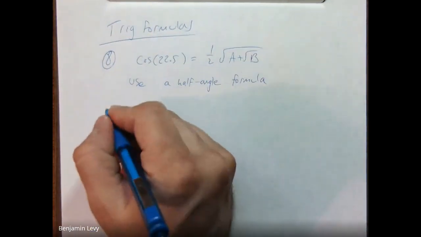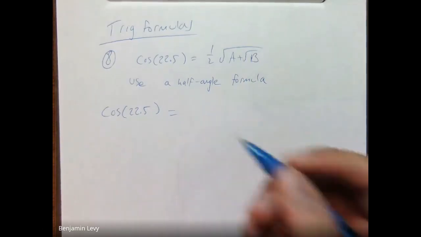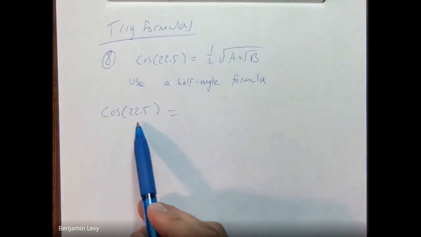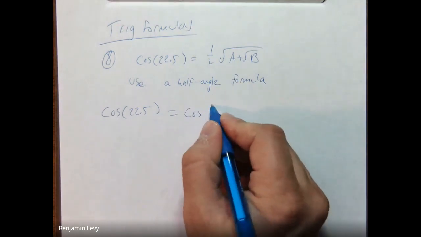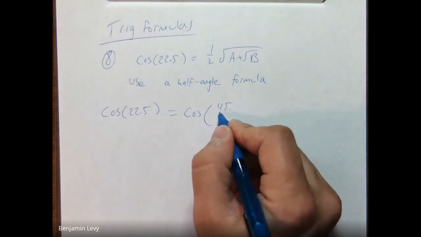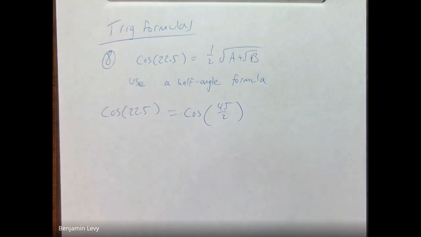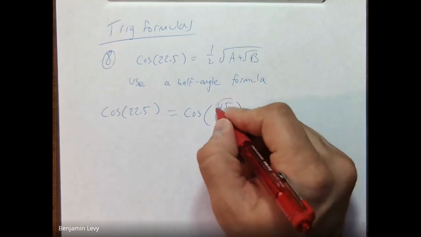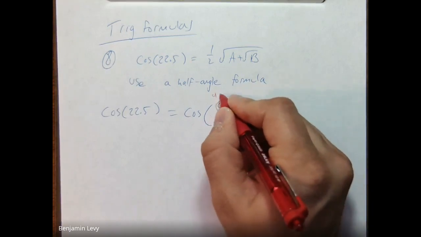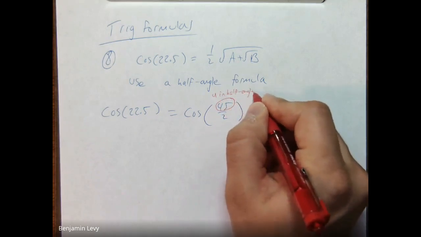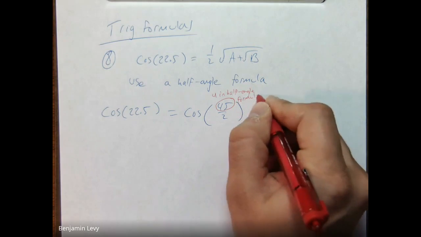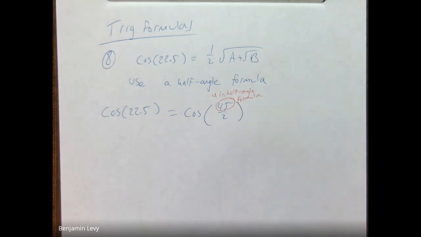So we're thinking about 45. Right, yeah. The other way to say that is you just double 22.5 to get u, right? So cosine of 22.5 is the same thing as cosine of 45 divided by 2. And then this becomes the u in the half angle formula. Well, let me put the formula up again.